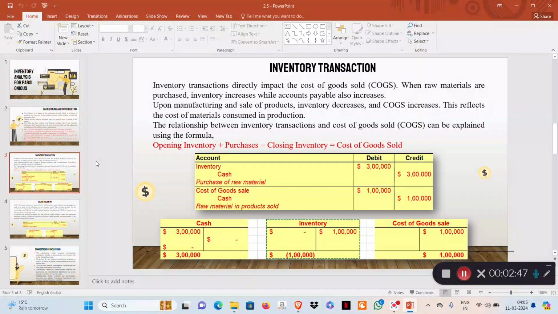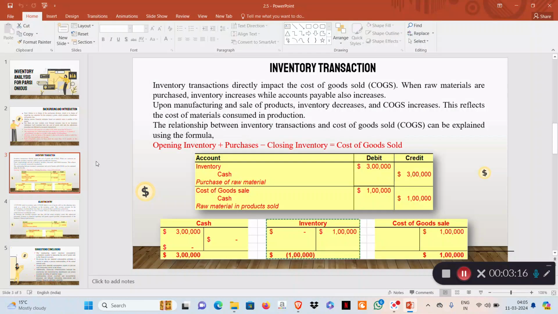Here is the table calculation where we can see the account debit and credit. So in the accounts we have inventory, cash, purchase of raw materials, and the debit and the credit. It's almost the same, which is $300,000. Next, in the column, we can see cost of goods sold, cash, raw materials, and products sold.